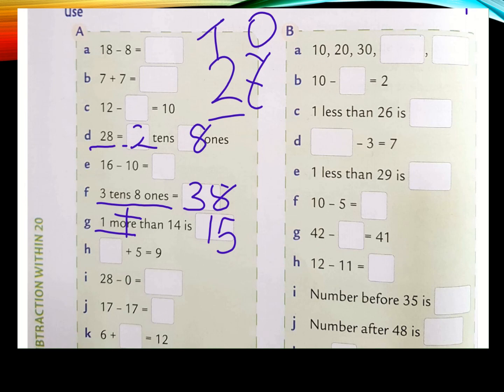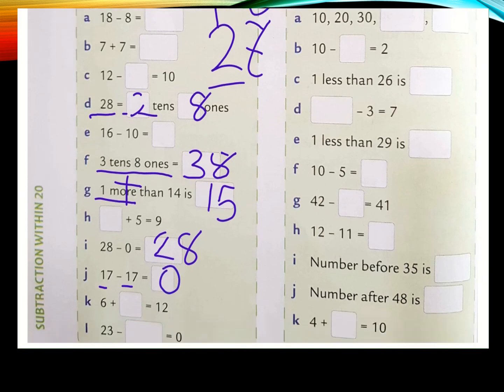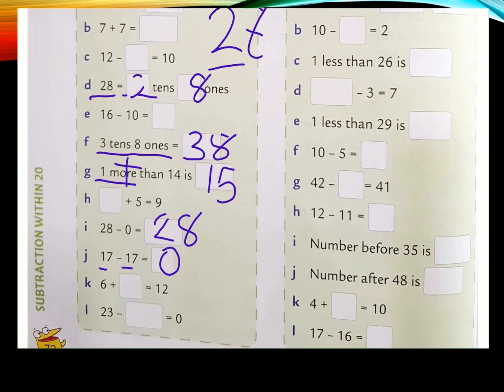28 minus 0 is 28. 17 minus 17 is 0. 23 minus a number equals 0.